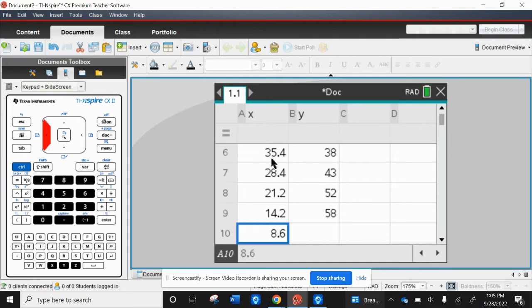Now you'll notice that 8.6 doesn't have a value, so we're going to delete that and not use that in our data, okay?